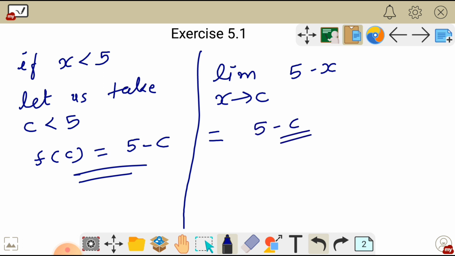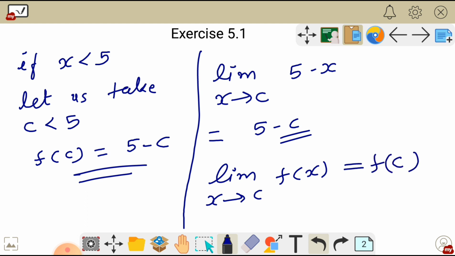So for c less than 5, we have limit x tends to c, f of x is equal to f of c for c less than 5.